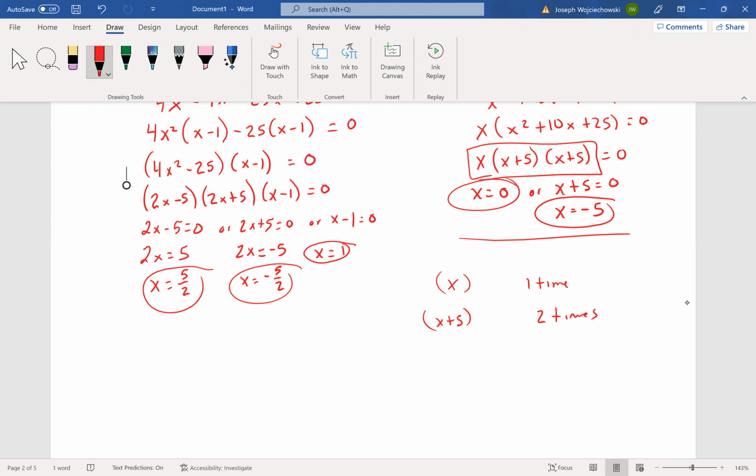So this means the 0 for this particular is 0, and it has a multiplicity of 1. Whereas this 0, which is negative 5, has a multiplicity of 2. So that's what that term means.